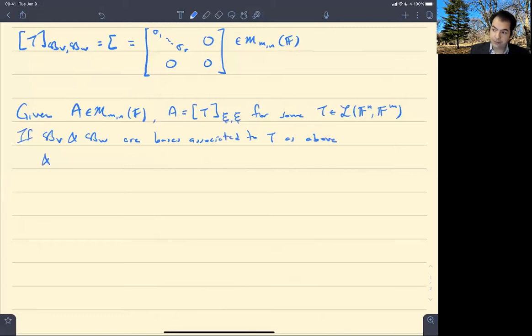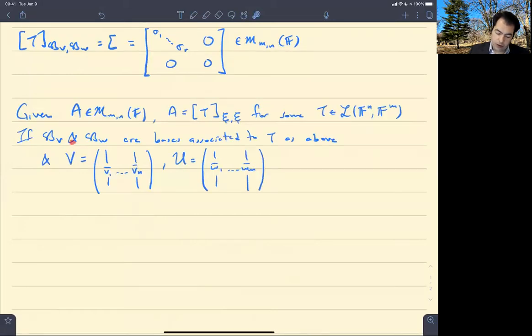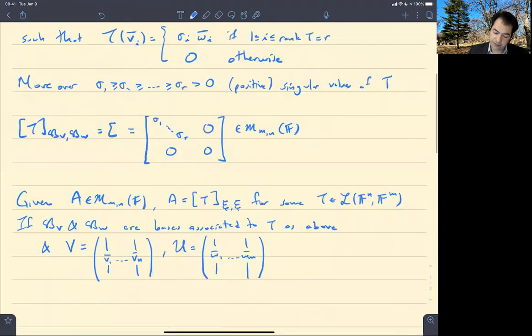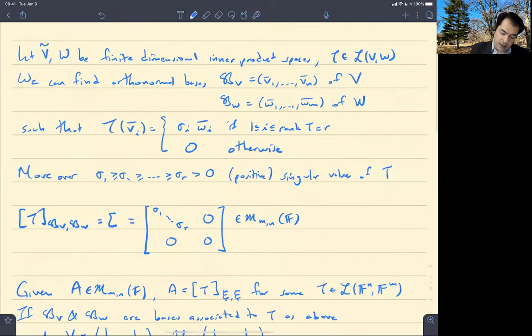And what you can do is, okay, it's unfortunate notation, but it's standard to denote the matrix containing all of the vectors v1 through vn by capital V, and the matrix containing w1 through wm as columns by capital U. So hopefully it won't be too confusing that this is the matrix V. So maybe what I'll do, sorry for moving backwards, I'm going to put V tilde and W tilde for the vector spaces, just to avoid confusion with the matrix.